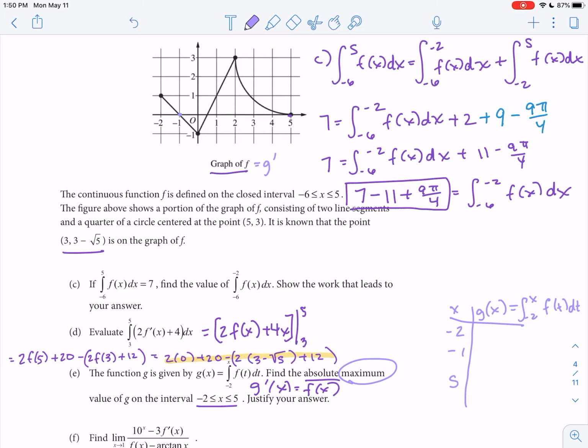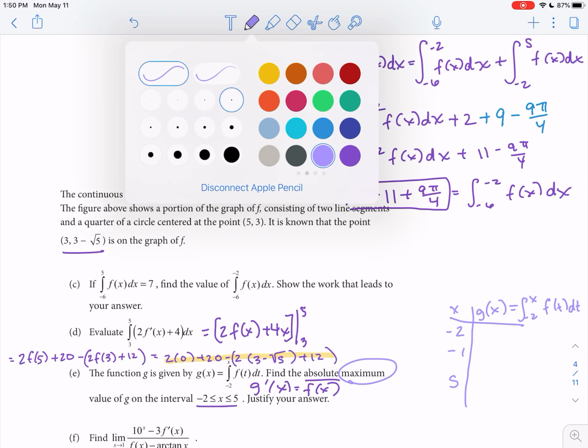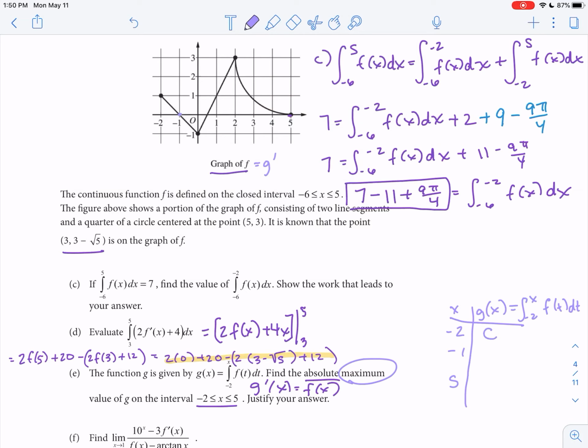So now I'm going to fill in the table. I'm going to fill any x in for this slot. For that first one, I'm going to have the integral from -2 to -2 of f of t dt. Notice I will not accumulate any area in that case, so that's just going to be 0. If I plug in -1, I'm going to get the integral from -2 to -1, so that's going to be that little triangle there, which will be positive 1/2.